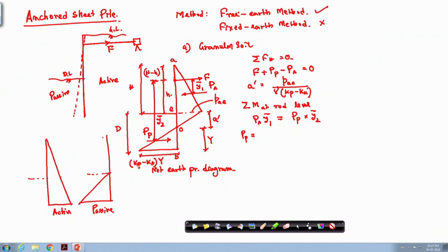So, this value is K P minus K A into Y, because this is net earth pressure into Y, Y is the capital Y. So, I can write that P P will be half, and this will be the gamma also. Okay. This is gamma into K P minus K A into capital Y. So, this will be half gamma K P minus K A, due to this triangle, this is the base into Y.